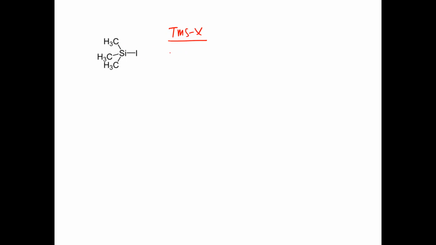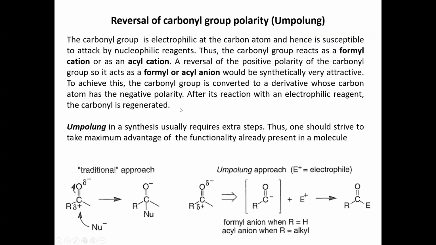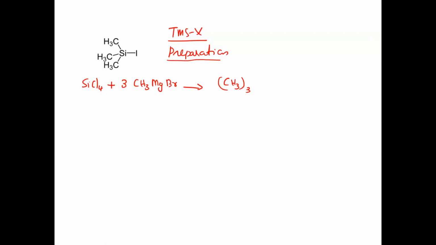Okay, so let us see first of all the preparation of the compounds. We'll start with silicon tetrachloride, SiCl4. In reaction with 3 molecules of the Grignard reagent, methyl magnesium bromide, we will get (CH3)3SiCl.